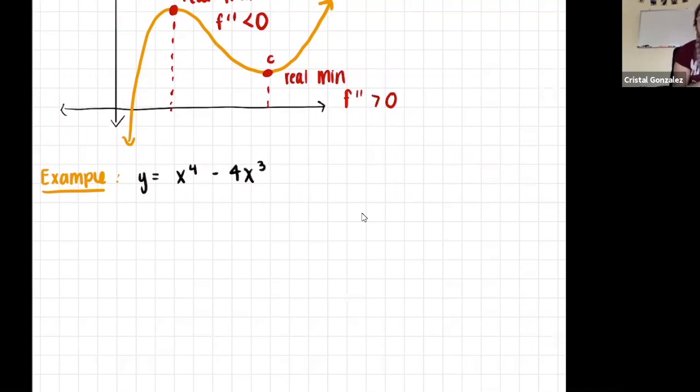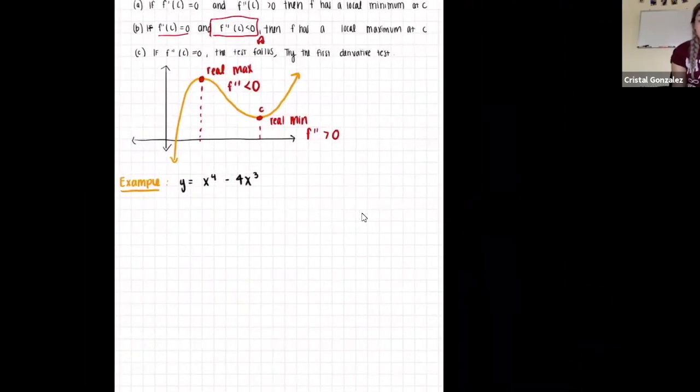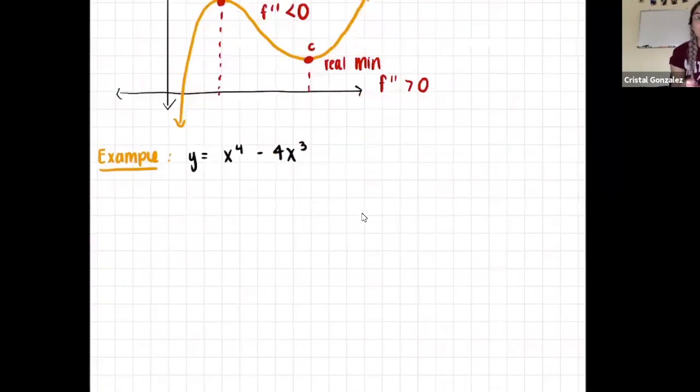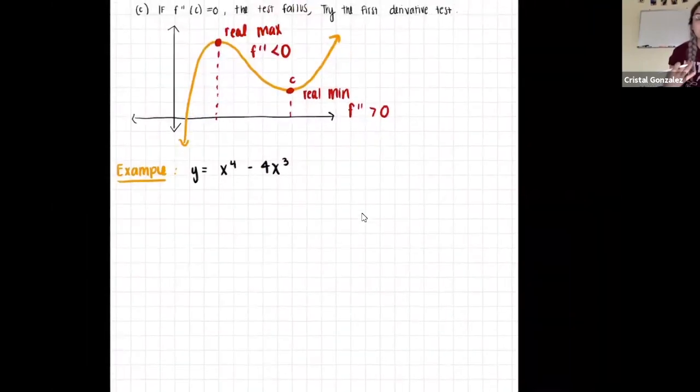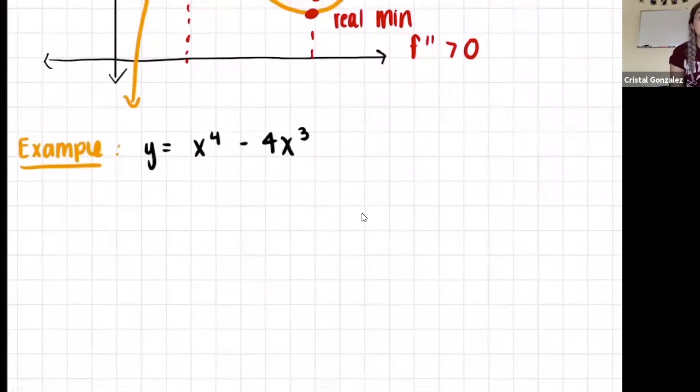I always love to start with simple parabolas or polynomials just so that you can get a hang of what's going on. I want you to use the second derivative test in this case. So go ahead and try it on your own and see if you can come up with anything. Pause the video and then click back to make sure you were on the right track. It's not very hard, I believe you can do it, but it's a good idea to try it on your own anyway.